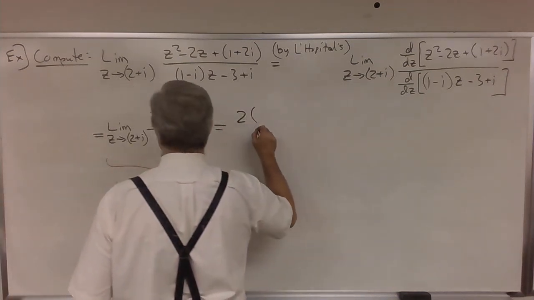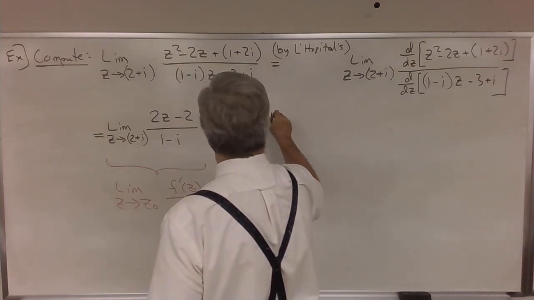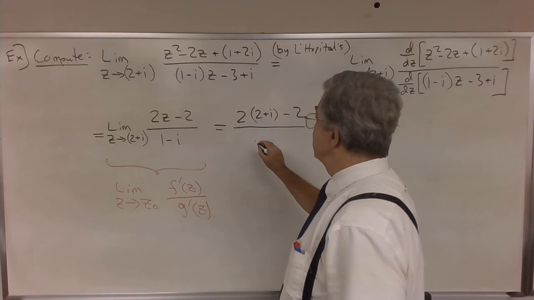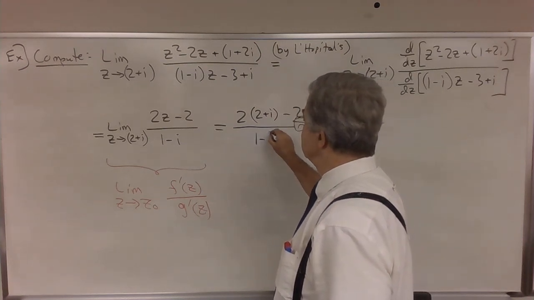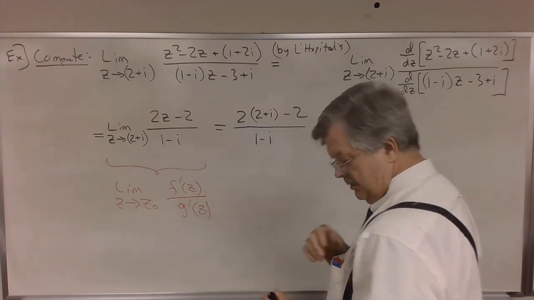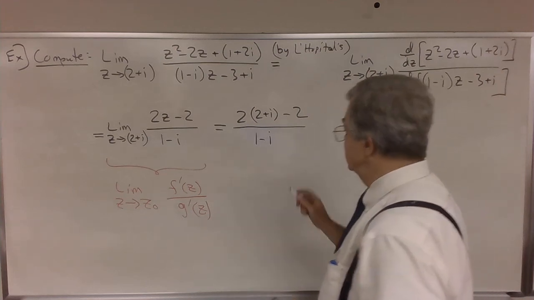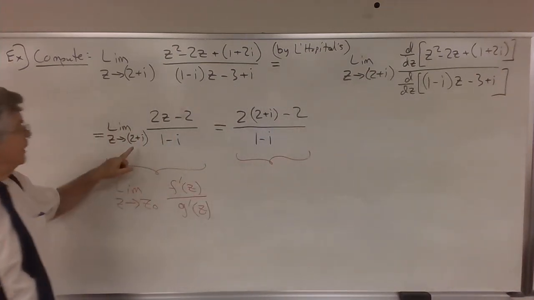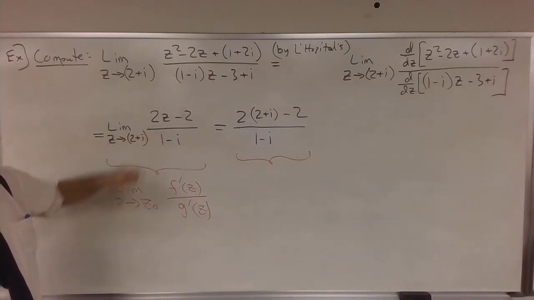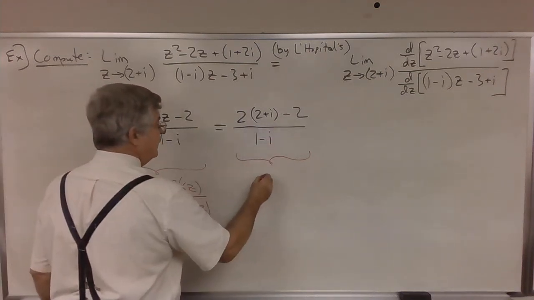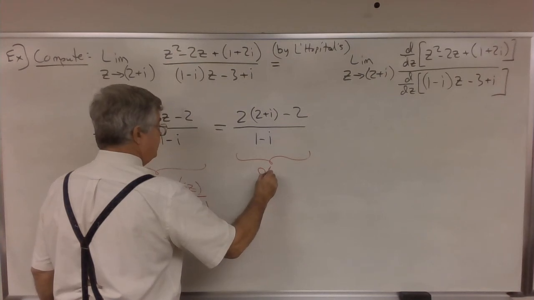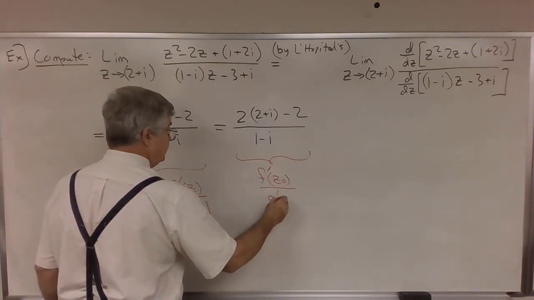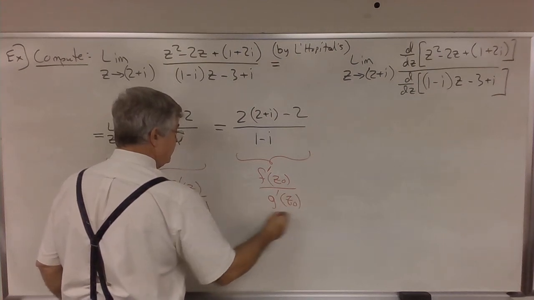So we have 2 times 2 plus i, minus 2. And on the bottom, it's just a constant. So we plugged in z naught for z. And this is f prime of z naught over g prime of z naught.